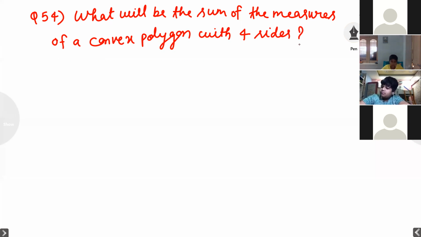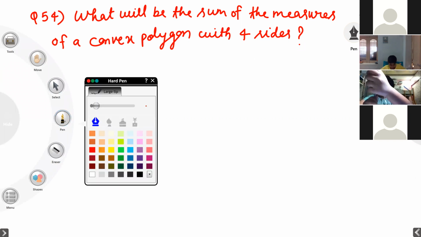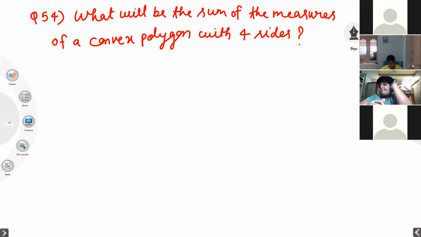Means in this question he has already given the value of n as 4. Measures of a convex polygon means he is asking the interior angle sum of a polygon when the number of sides is 4. Any figure we can draw, the sides will be 4. When we join 4 line segments, that forms one polygon, a 4-sided polygon.